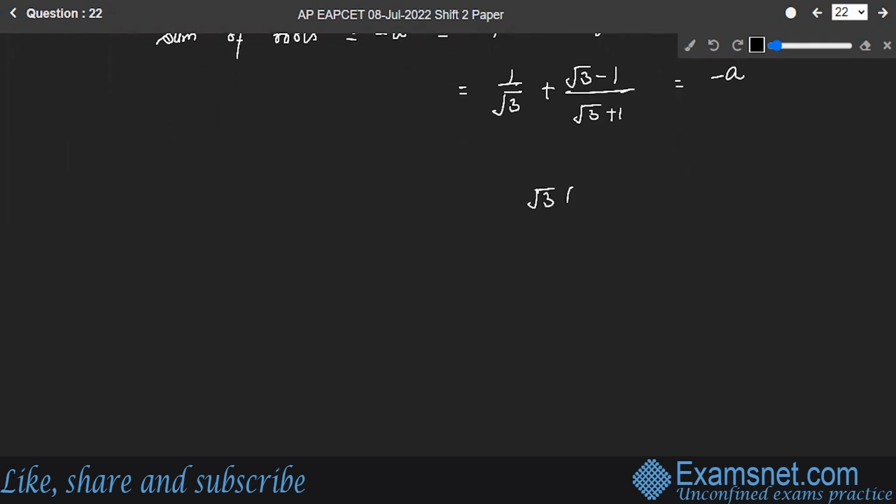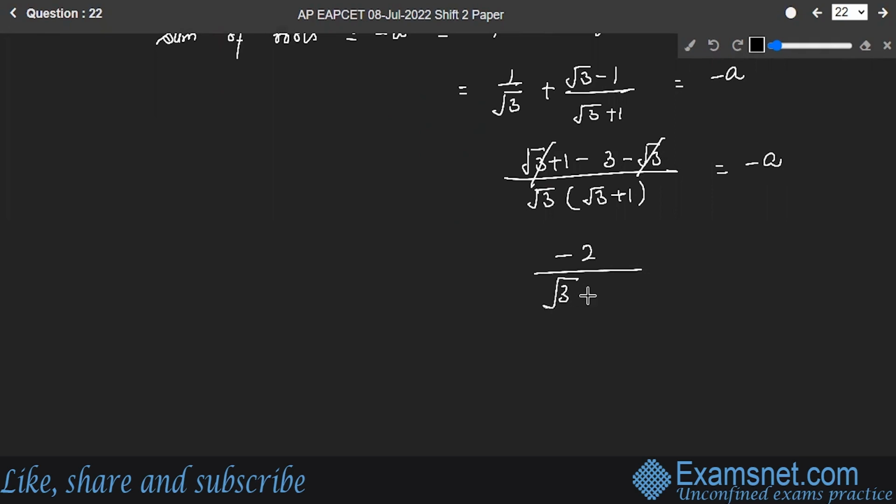Root 3 plus 1 minus 3 minus root 3, they will cancel. And this is equal to minus 2 upon root 3 into (root 3 plus 1), equal to minus a. A minus and minus will get cancelled, right?